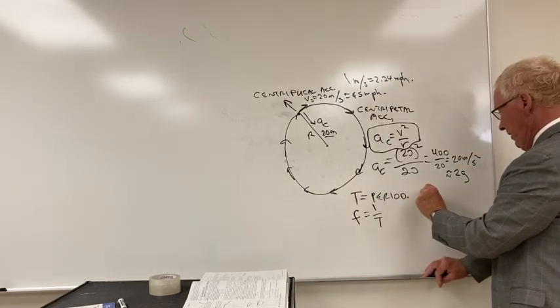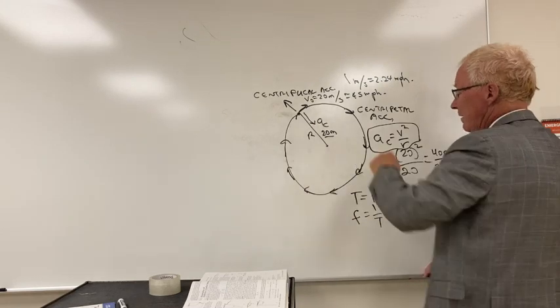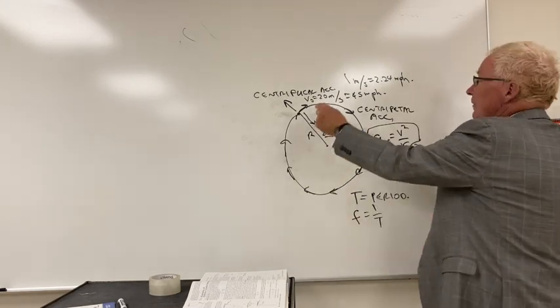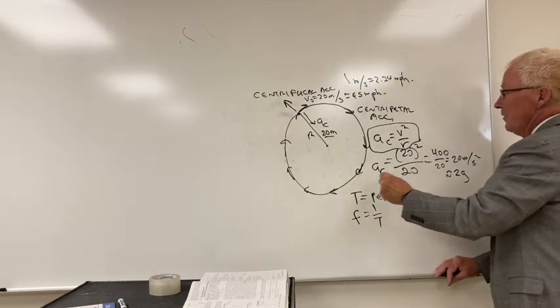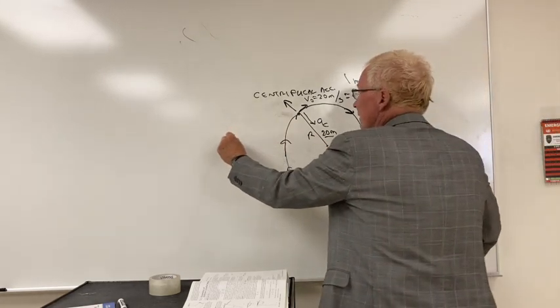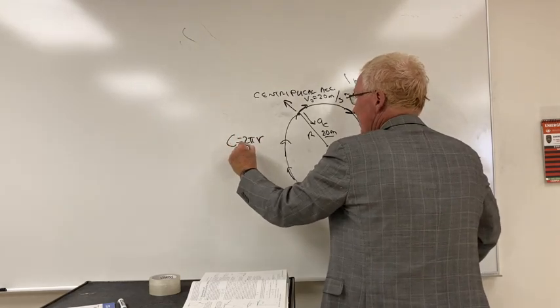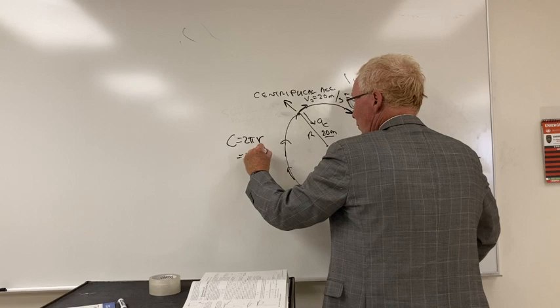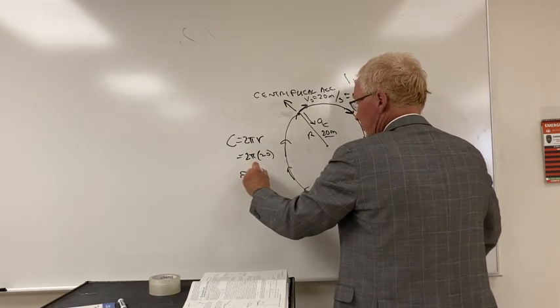So if you're going 20 meters per second, we can figure out the period. The circumference would be 2 pi r, 2 pi times 20, which is roughly 125 meters.